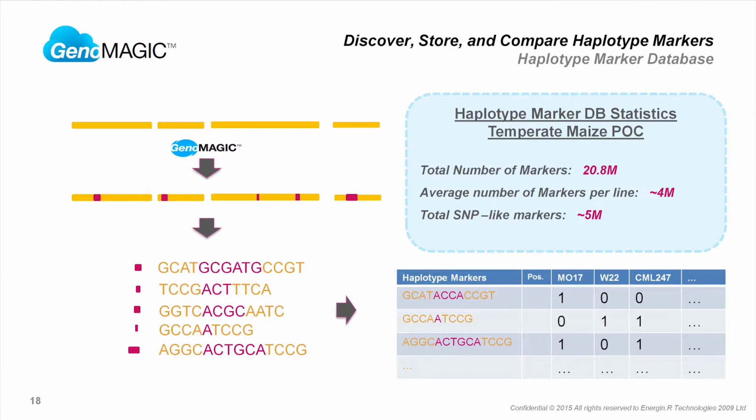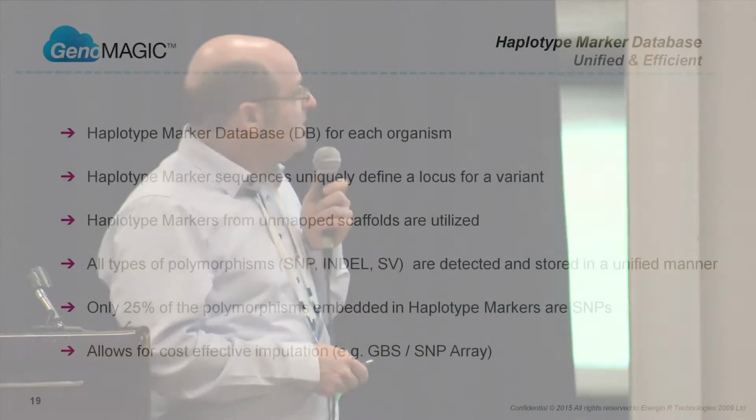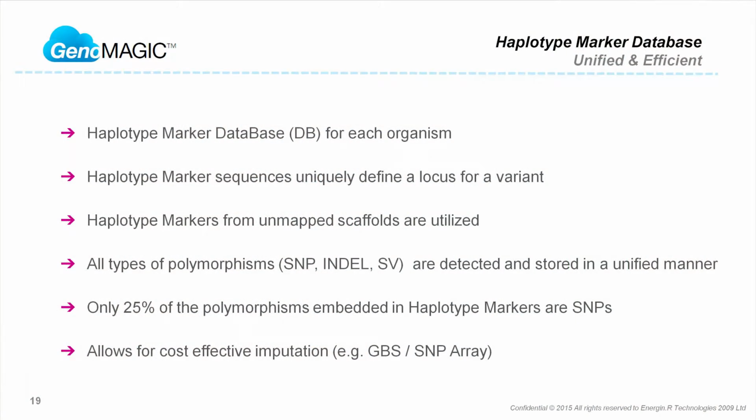You can have thousands of those lines. And now we know if any new sequence comes in, and that sequence will match a specific marker, we know that this is a marker for that haplotype. If you're doing GBS or any other thing that translates into sequence, you can match or impute that specific sequence. So what's the value? Okay, you're creating a uniquely defined locus for each variant.